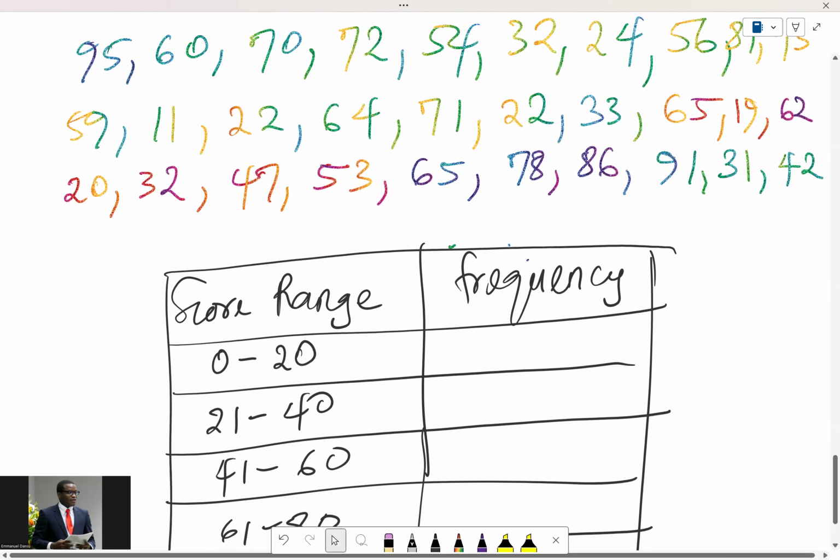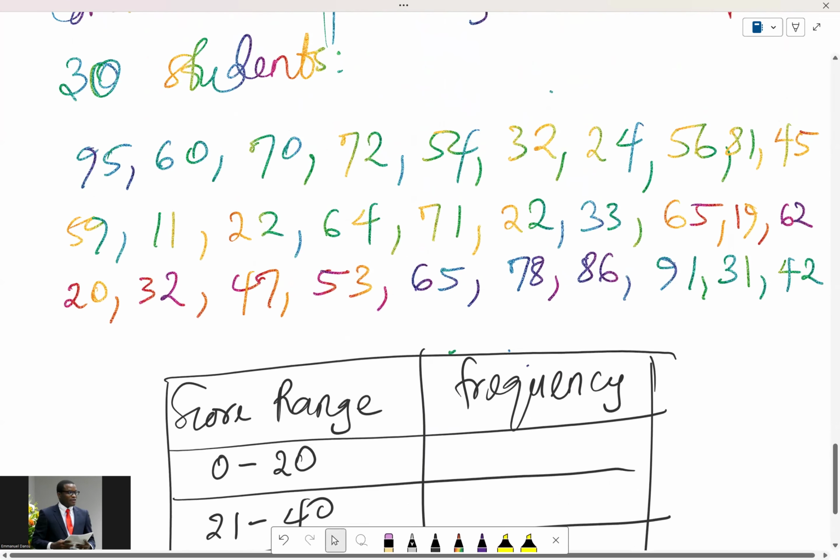So to deal with that, 0 to 20, you have to mark out everything that is anything from 0 to 20. 11 is part of that. 19 is part of that.